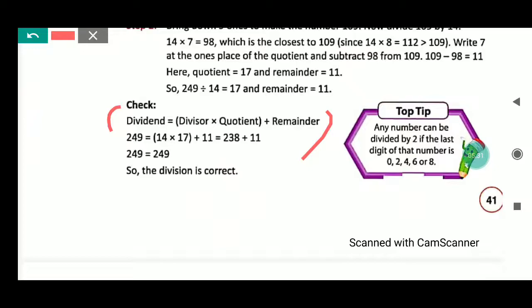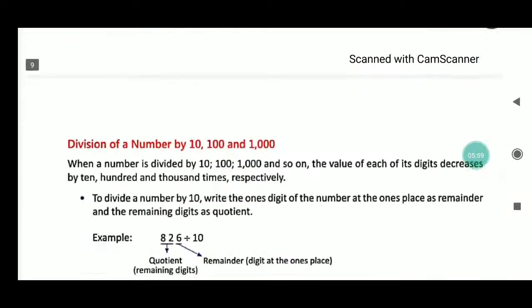So 249 equals 14 into 17 plus 11, that is 238 plus 11, that means 249 equals 249. So the division is correct. By using this formula we have checked that our answer is correct.